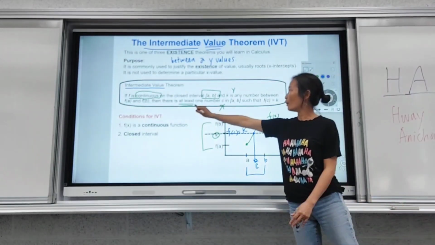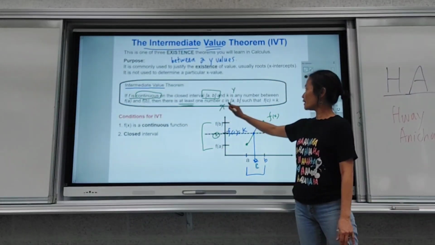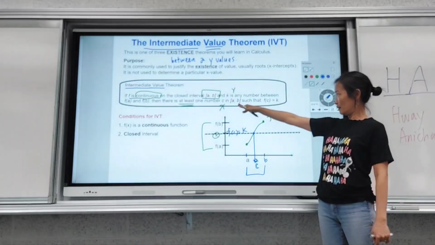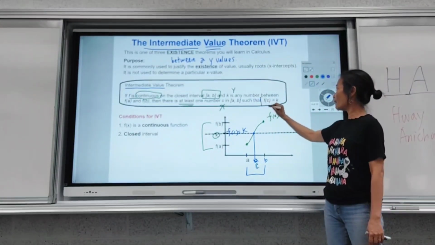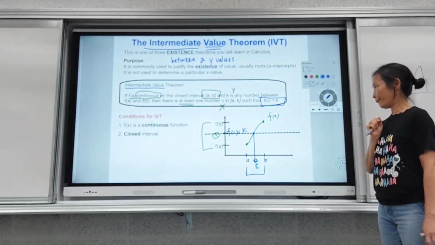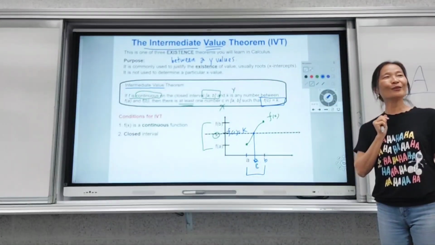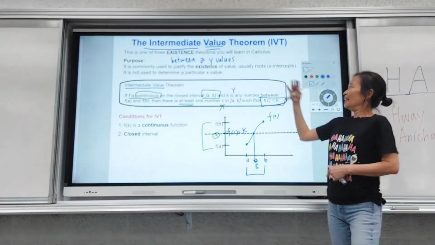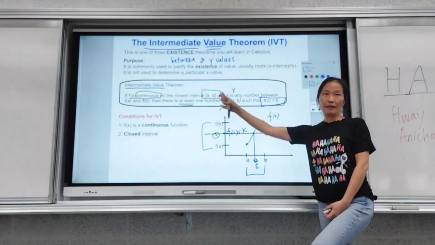Okay, so we can find at least one number C in the interval [A, B] such that f of C is equal to k. So it takes a while for you to try to justify in this way.